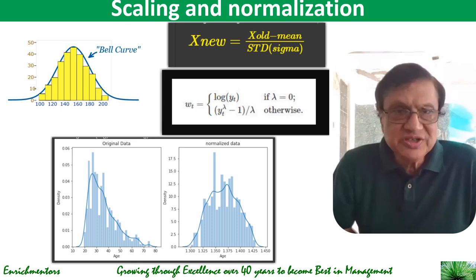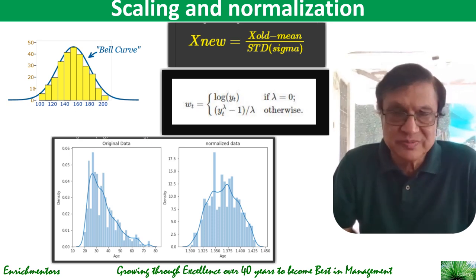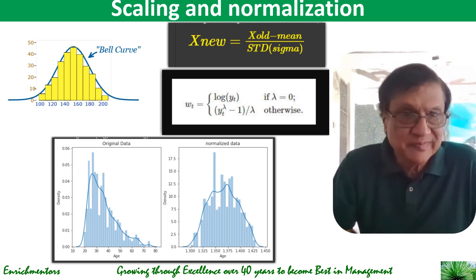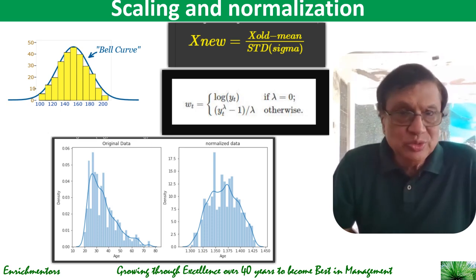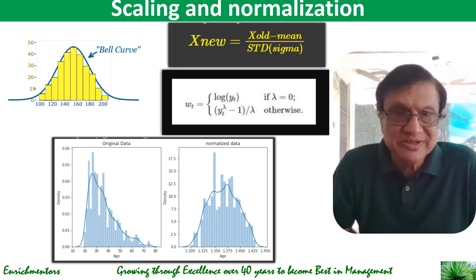Normalization is a more radical transformation. The point of normalization is to change your observations so that they can be described as a normal distribution. A normal distribution, as you see here, is a typical bell curve. Now for each value in the distribution, we subtract the average or mean and then divide by the standard deviation.